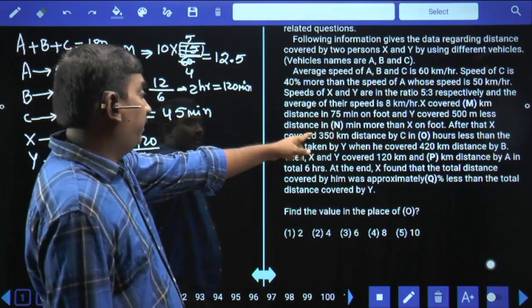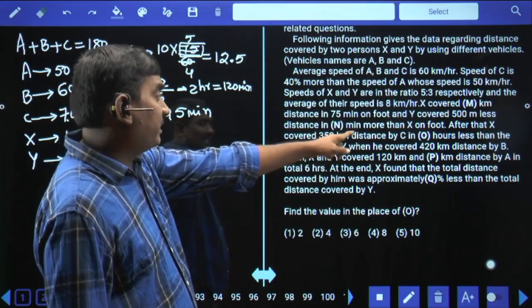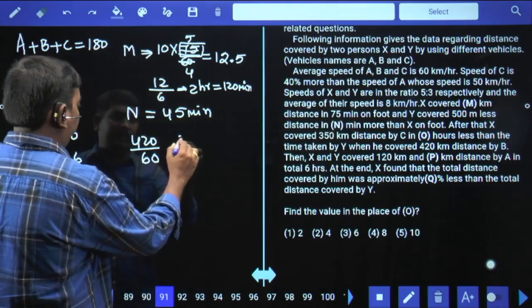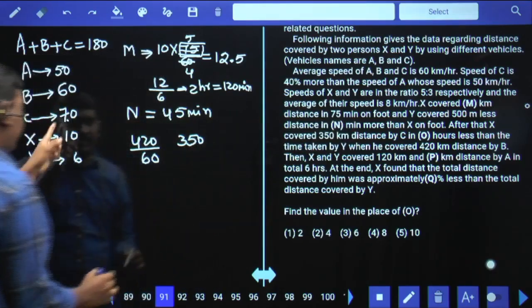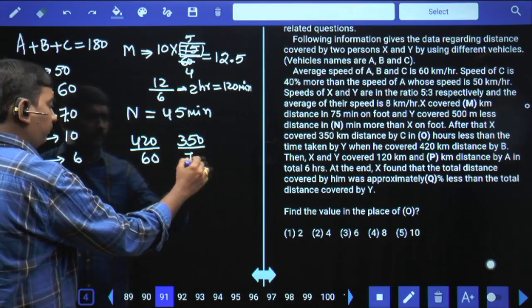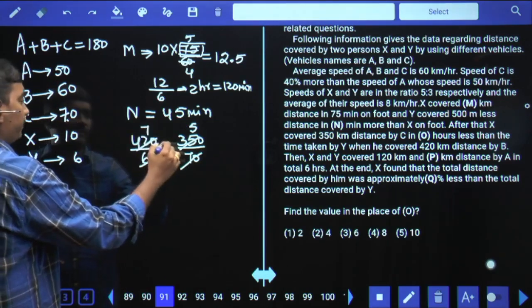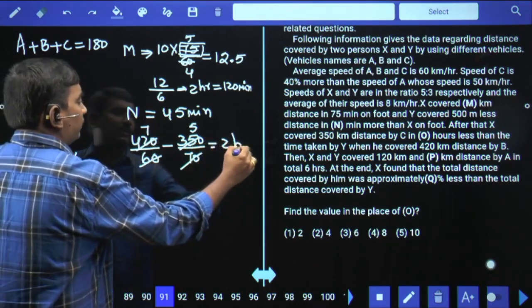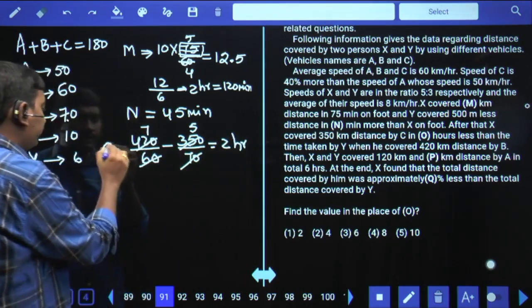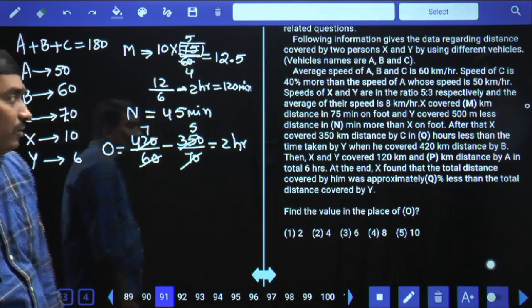And X covered 350 kilometers by C, C speed is 70. 350 by 70 is 5 hours, 420 by 60 is 7 hours, the difference is 2 hours. The difference is given as O, so O is equal to 2 hours.